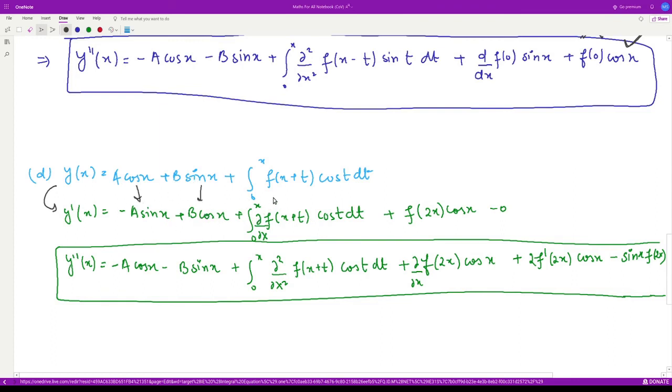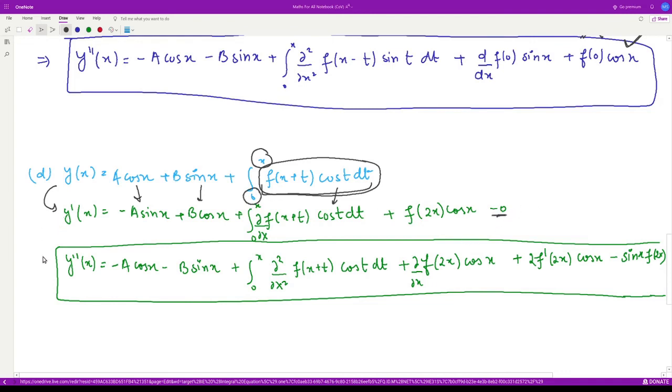And then again integration from 0 to x, the derivative of this term with respect to x, that would be this, because cos t does not depend on x, so it will come as such, right? And then we'll perform the derivative of upper limit, that would be 1 multiplied by this whole term, where we'll replace t with x, so it would be f(2x) cos x, and the derivative of lower limit, that is constant, so it is 0.